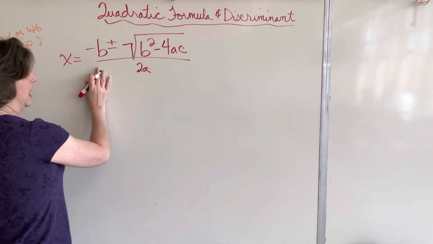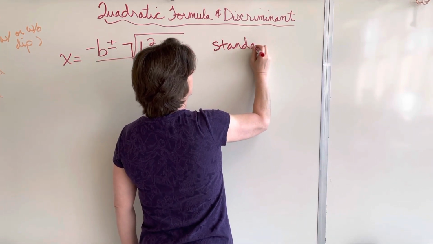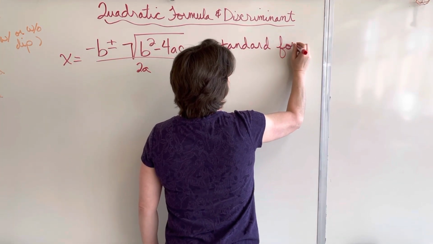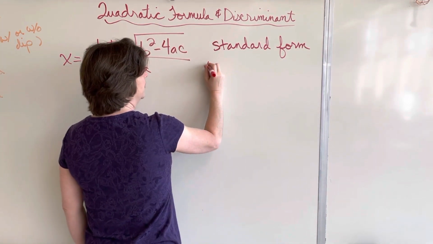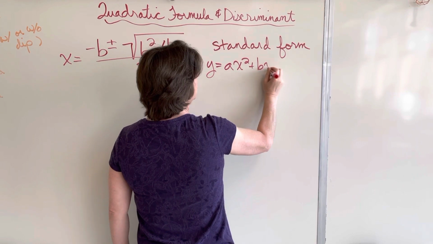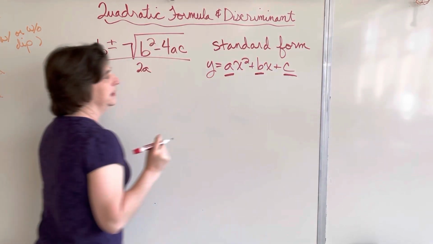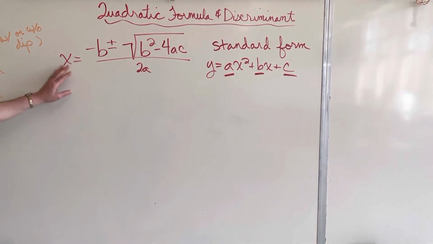Okay. Now, the a, b, and c come from standard form of a quadratic. Remember, standard form for a quadratic is y equals ax squared plus bx plus c. We're going to use the a, the b, and the c from standard form and put them where a, b, and c are in the formula.